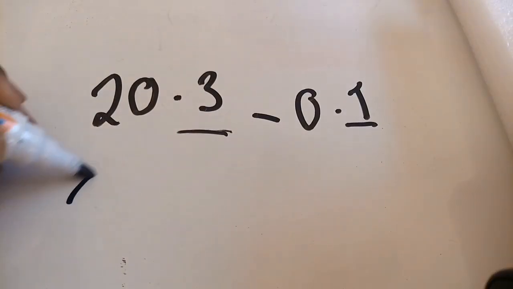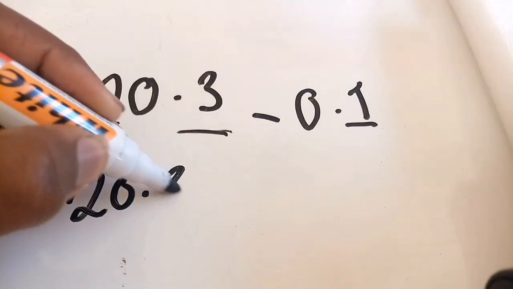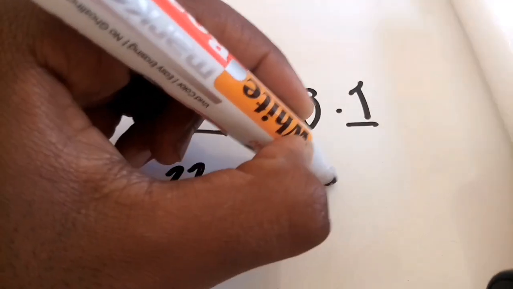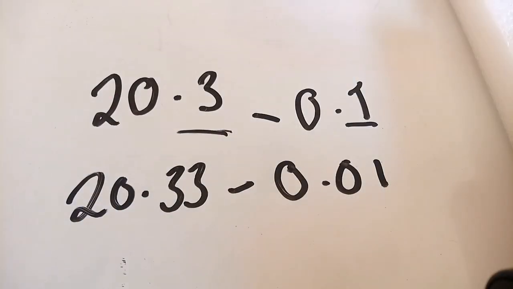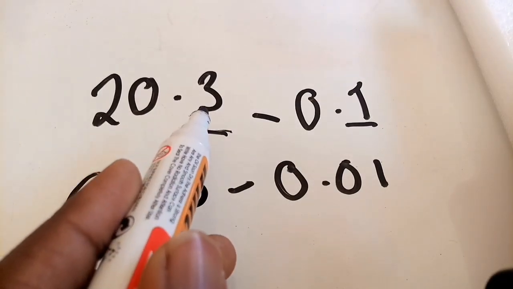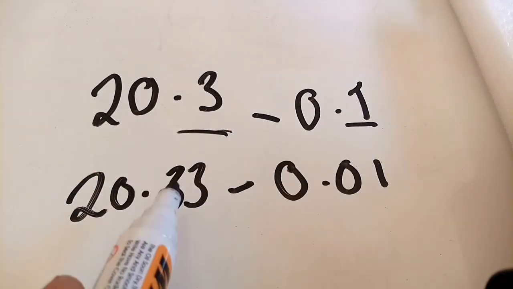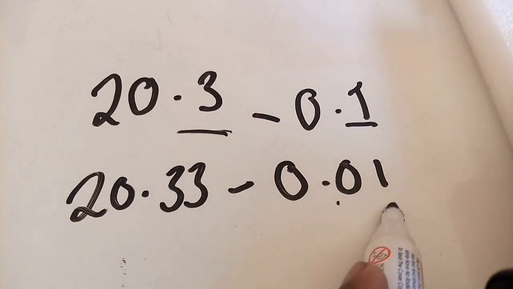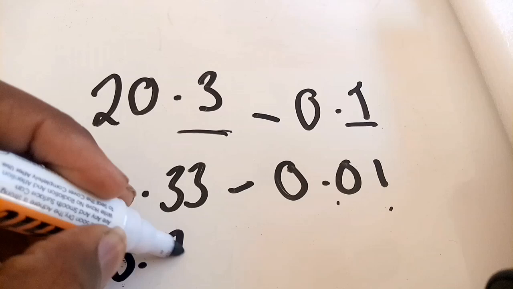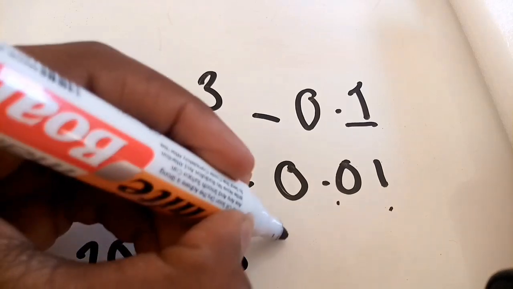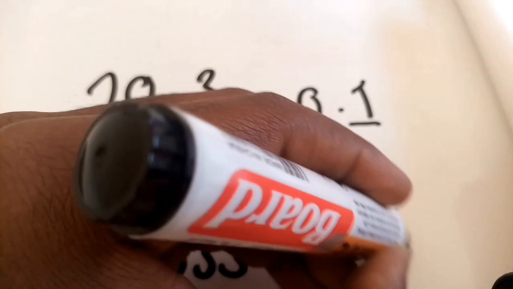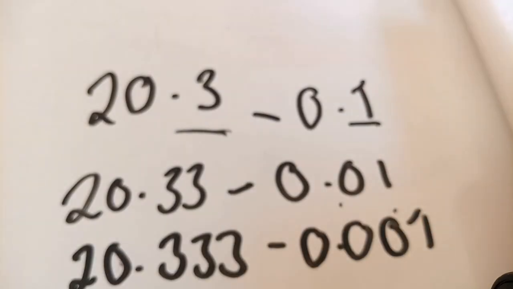And if we have 20.33, the least unit of measurement will be 0.01. If you have noticed, here we have one decimal place, so we have 1 also here. We have 2 decimal places, so even here we have 2. If we have 20.333, it will be 0.001, so you say 1, 2, then the third one will be our 1.